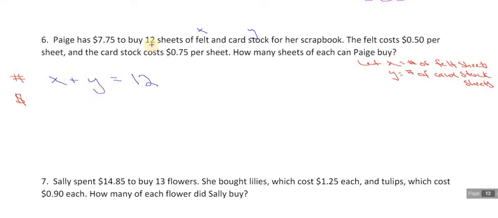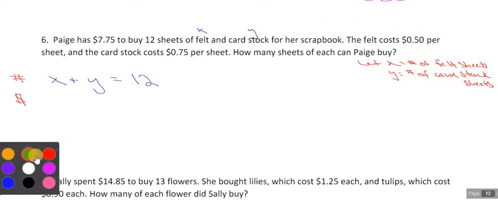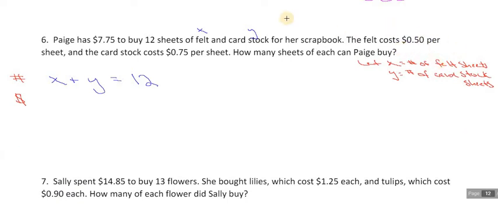Then in terms of money, the felt is 50 cents per sheet and the cardstock is 75 cents per sheet. So we're going to put the rate or the price for each item with its affiliated variable. And when I add them or I total them together, I'm going to get $7.75.